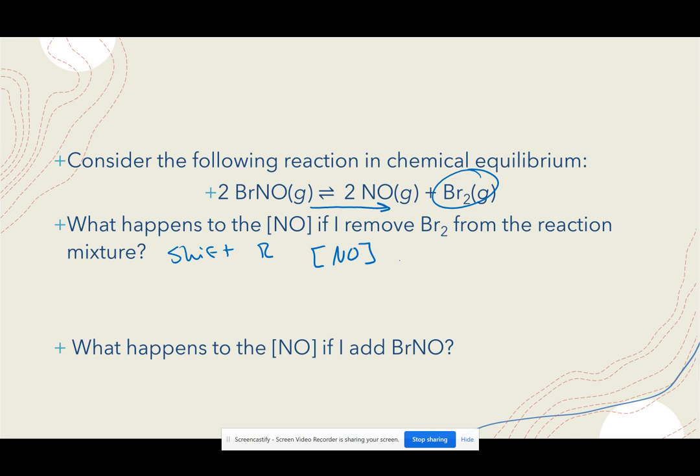So the concentration of the nitrogen monoxide is going to increase. If I add BrNO, we're going to shift away from what I'm adding. It's on the left, so I'm going to again shift to the right so that the concentration of the nitrogen monoxide is going to increase.